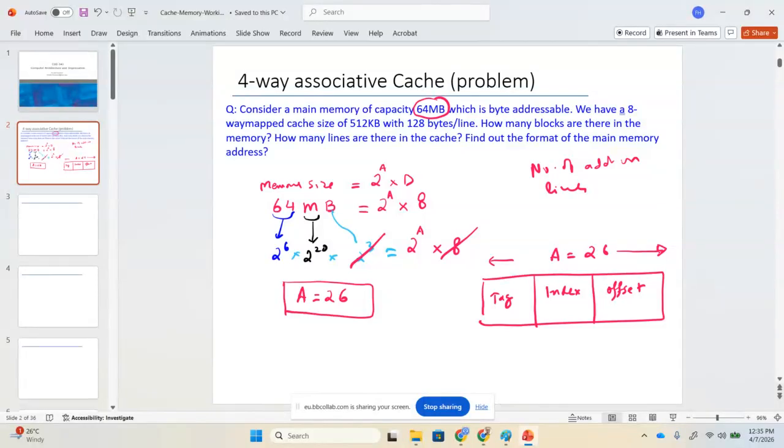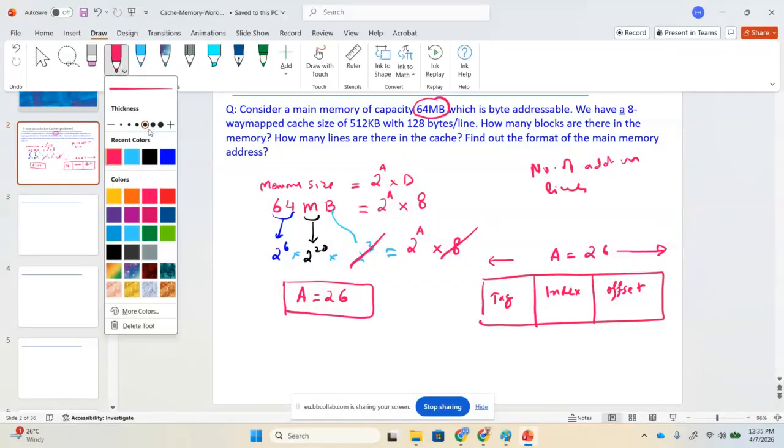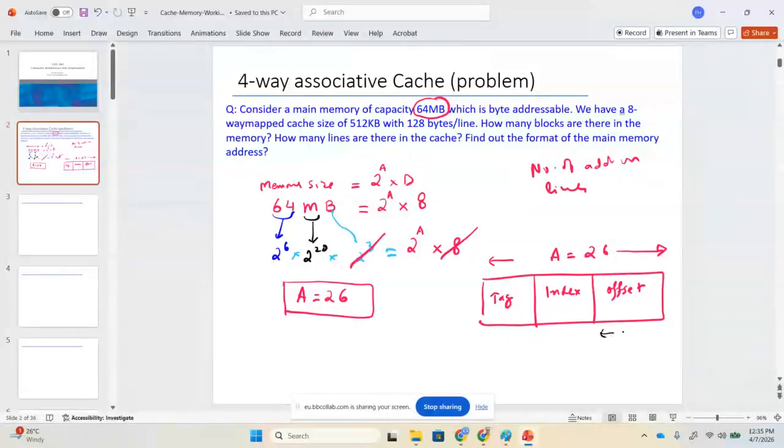Okay, now how many bits will be required for the offset? Let's assume this is my offset, b bits. How can we compute b? b is log 2 of the block size, which is 128.